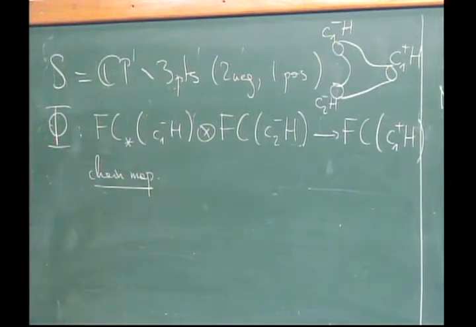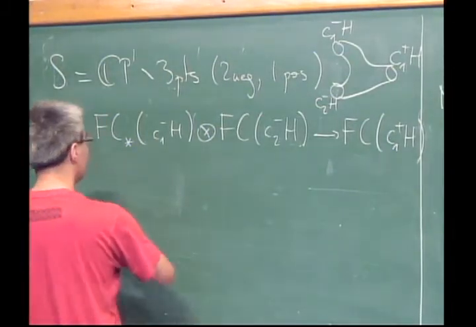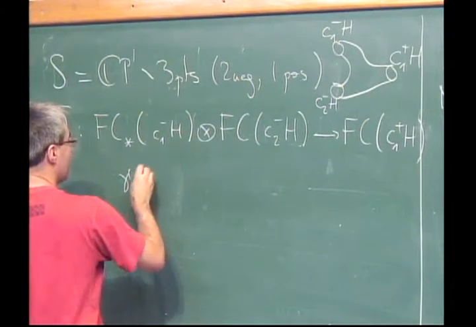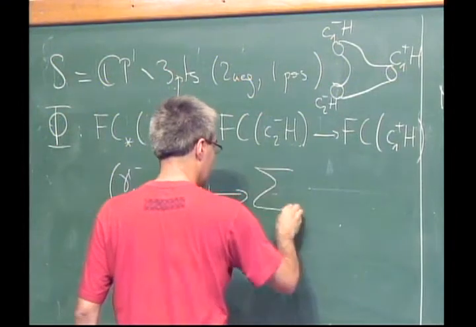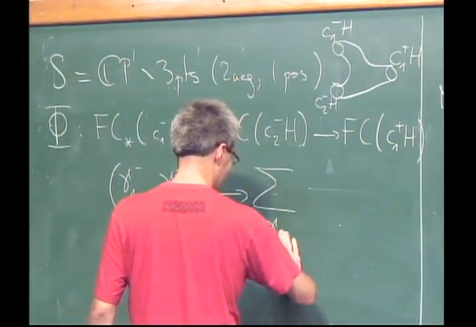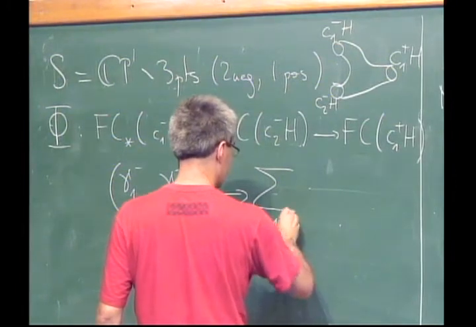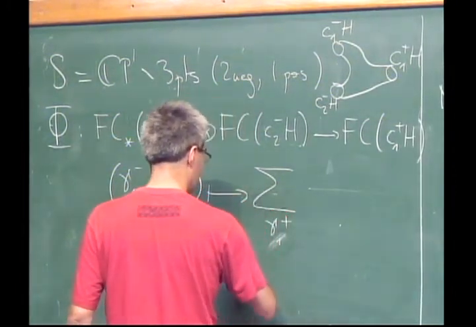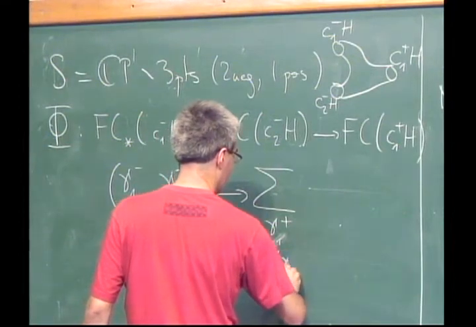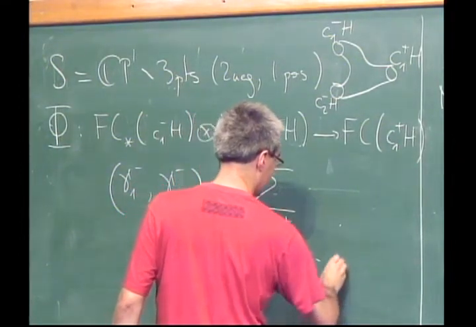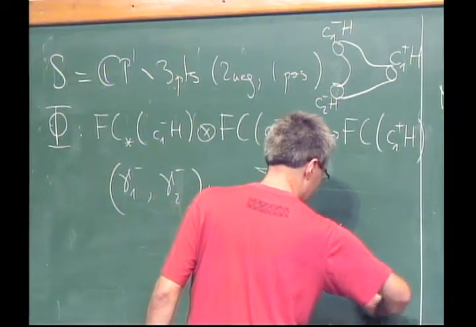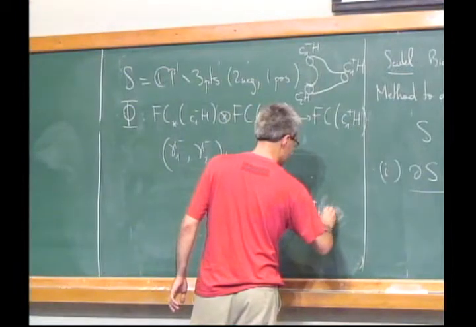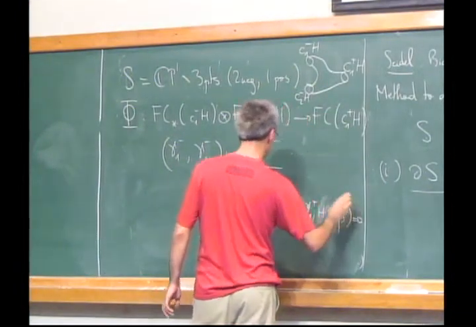Why is it a chain map? Oh, I haven't said what it is. You take gamma 1 minus and gamma 2 minus, and you send them to a sum over gamma 1 plus, such that the dimension of this moduli space, gamma 1 minus, gamma 2 minus, gamma 1 plus, with the rest of the data H, J, beta, is 0.